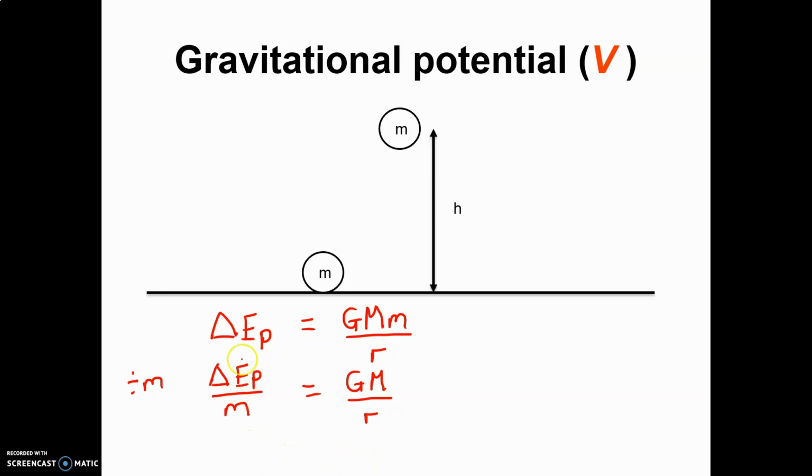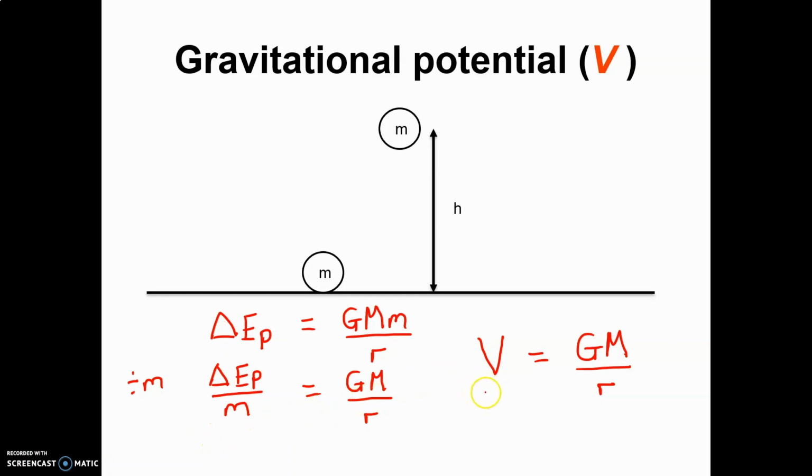This term here is known as the gravitational potential, and it's got a symbol V. It's a little bit confusing because we use that symbol for potential difference or voltage as well, so it's not the greatest symbol to choose, but gravitational potential can now be written as that equation. So when we divide the gravitational potential energy by the mass of the object, we end up with this term here, and this is what is known as the gravitational potential.